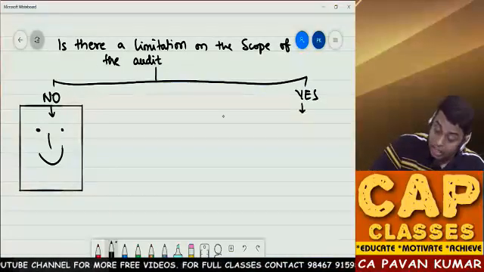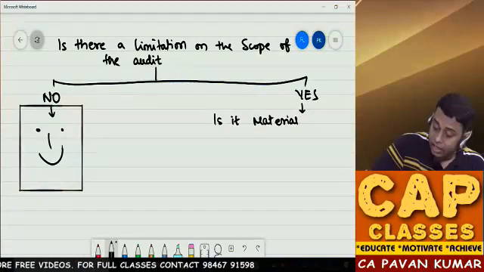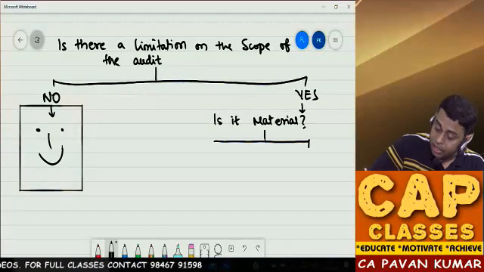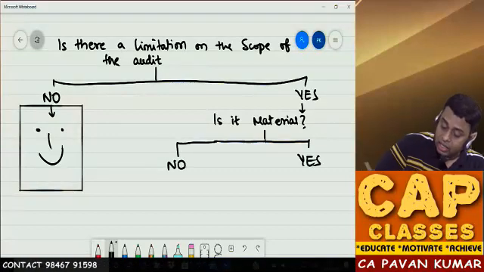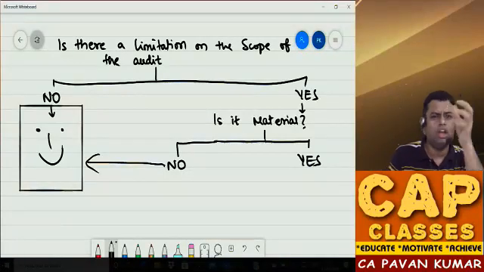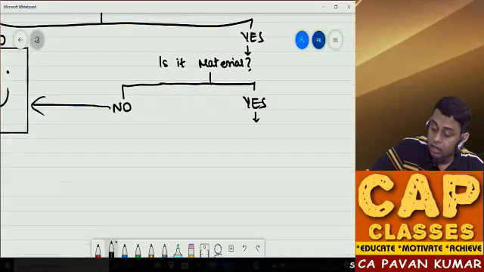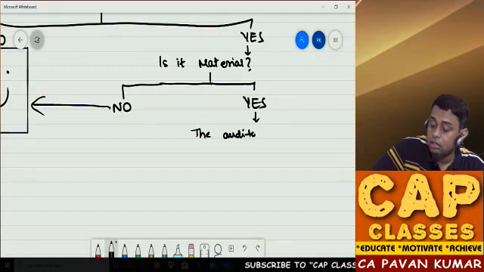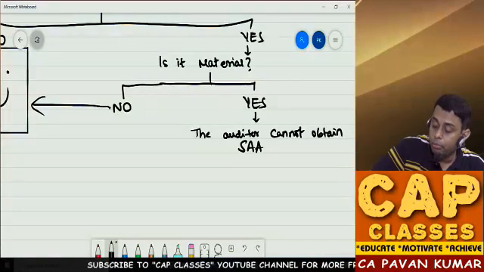If there is a limitation, is it material? Again the answer can be no, not material, or yes, material. If it is not material, again the auditor is happy. Why? There is only a small thing. If it is material, the auditor cannot obtain sufficient appropriate audit evidence.